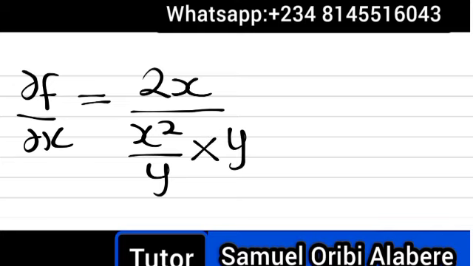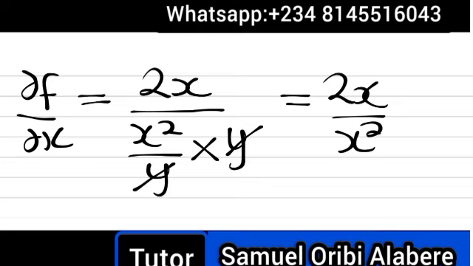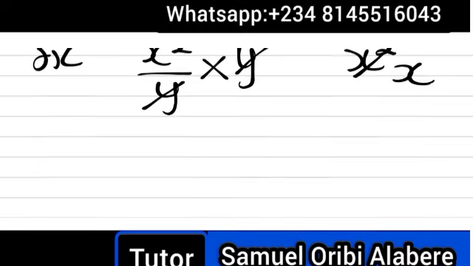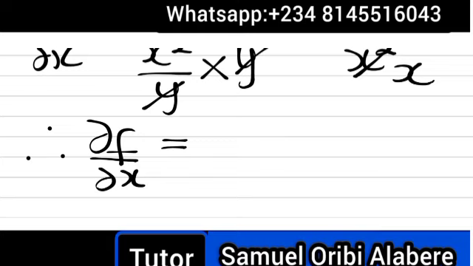In this case, y will cancel y, which will leave us with 2x all over x raised to the power of 2. So x will cancel x raised to the power of 2, leaving us with x. Therefore, our value of the partial derivative of f with respect to x will be equal to 2 all over x.